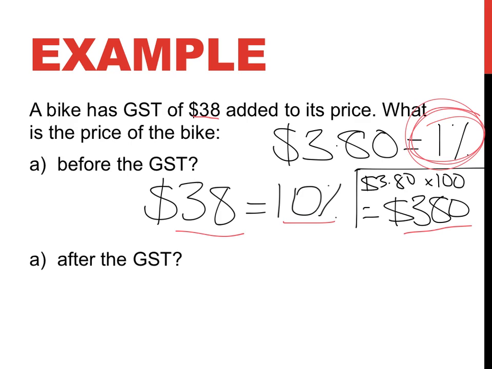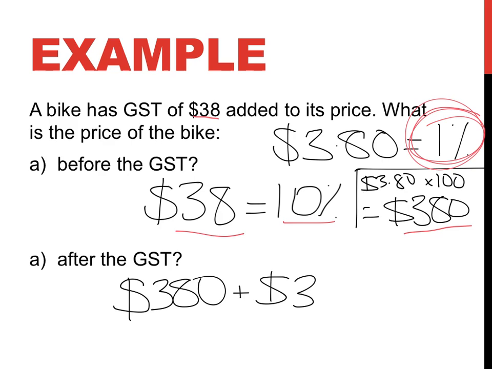I can do anything if I have 1%. Now, if the initial price before GST was $380, what's the price after GST? Well, if it's initially $380 and the GST was $38, that means that the price of my bike after GST is $418, because it is the original amount plus the GST to get the new price.